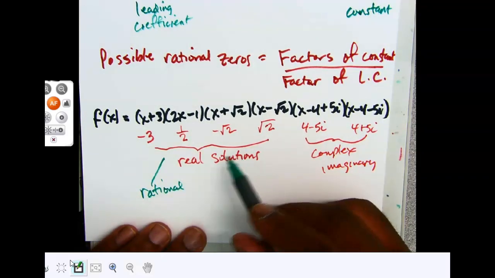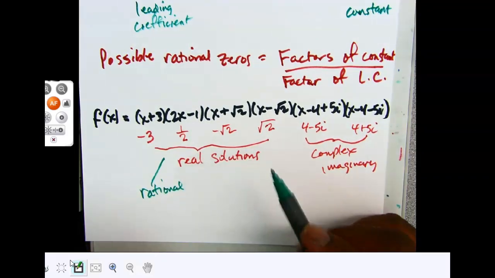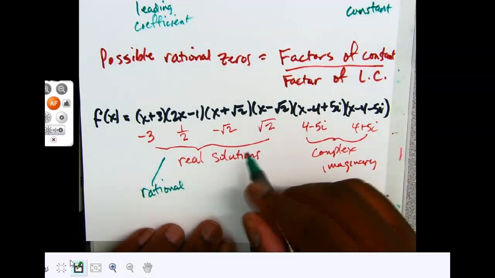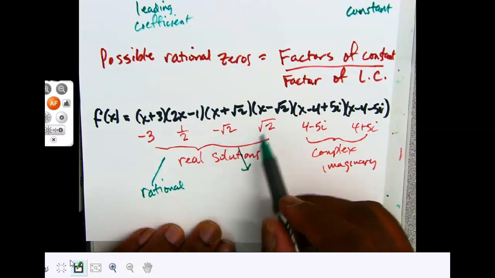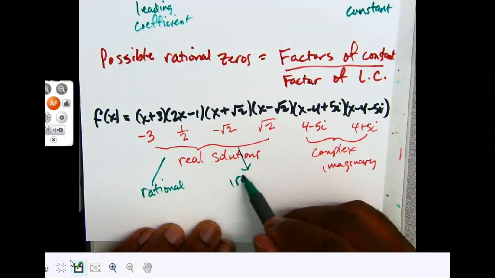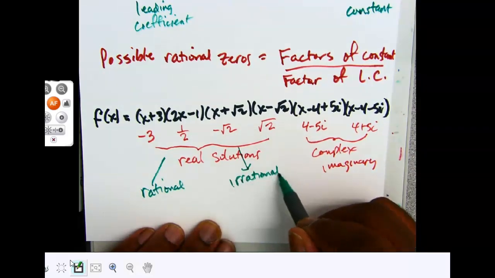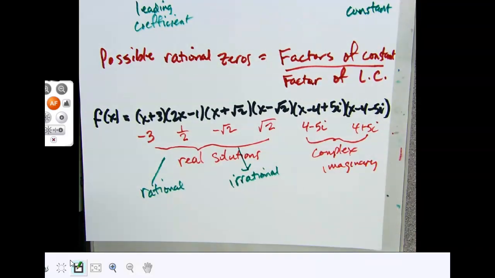You can form these numbers by taking the ratio of integers. And the negative square root of 2 and square root of 2 are irrational solutions. So what the theorem that we're going to cover now deals with is possible rational solutions. Okay. So how do we use this?